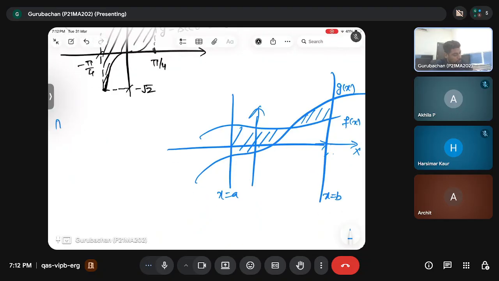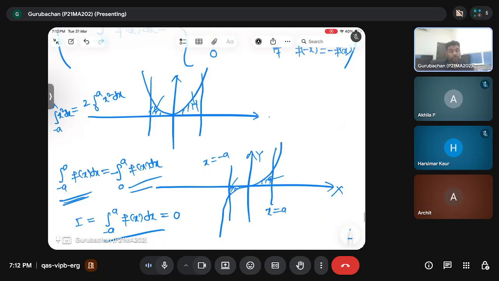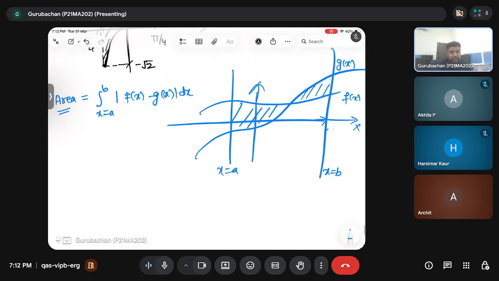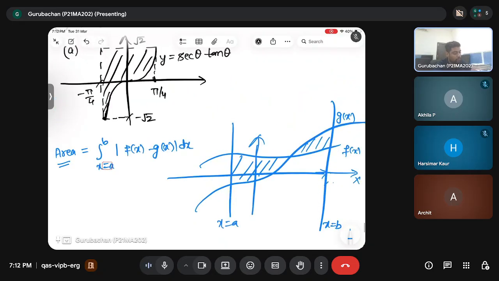Area will obviously be the integral from x equal to a to b of mod of f(x) minus g(x) dx. Why am I writing mod? This integration can be negative, but can area be negative? Obviously not. Area will always be positive. Volume can be negative, but area is always positive. So since area is positive, we are taking the mod here.